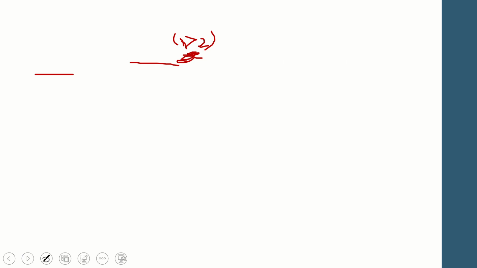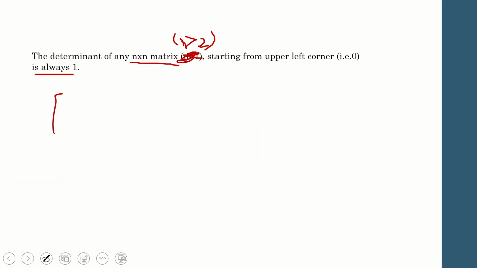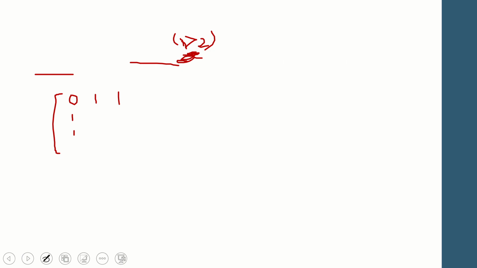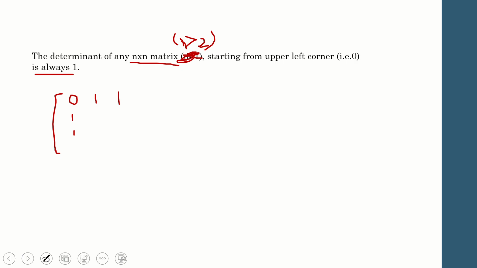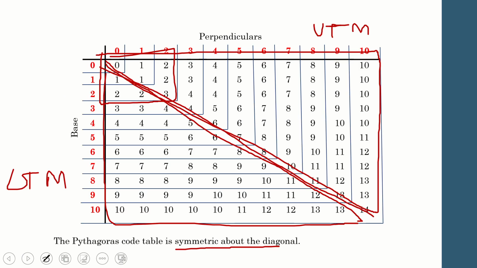Let me go back. We will consider first this 3 by 3 matrix: 0, 1, 2, 1, 2.